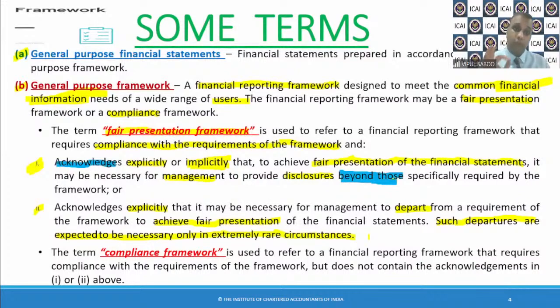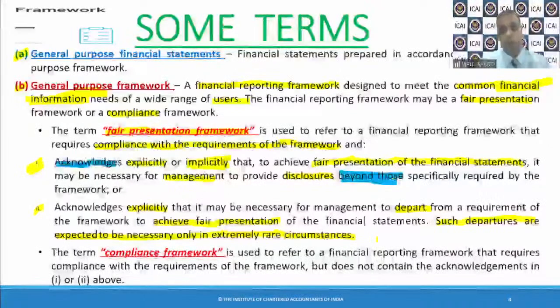Straight away, you have to do this explicitly. It was required of the management to depart from a requirement of the framework to achieve fair presentation. For example, the framework might want you to disclose all expenses which fall under 10% of the total expenses under one head only.